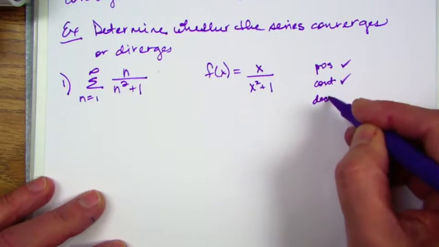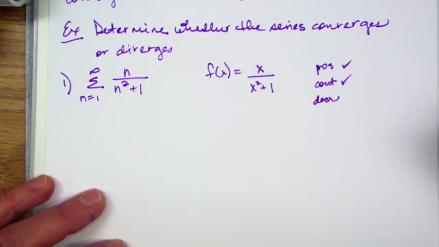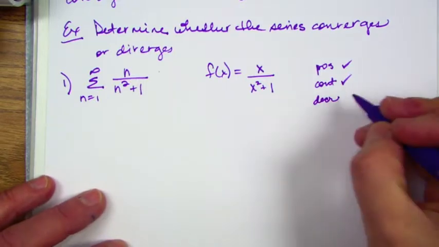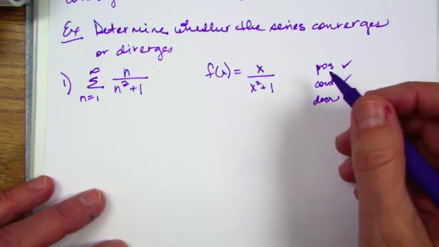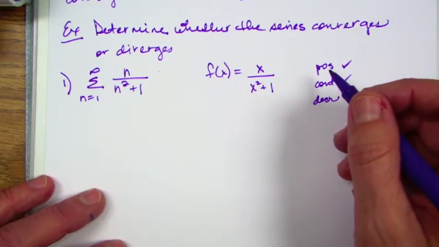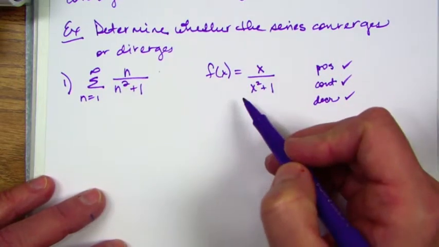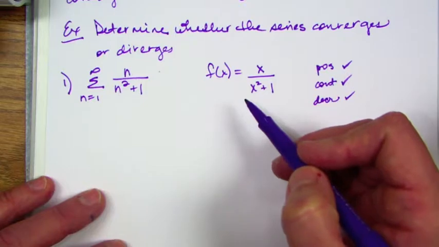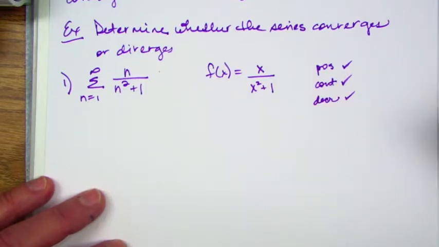Is it decreasing? How do I know that? The denominator is bigger than the numerator, right? How could you verify that if AP asked you to show it, or if you got to one where you couldn't tell? Take the derivative.